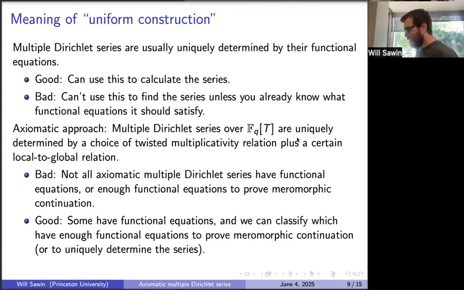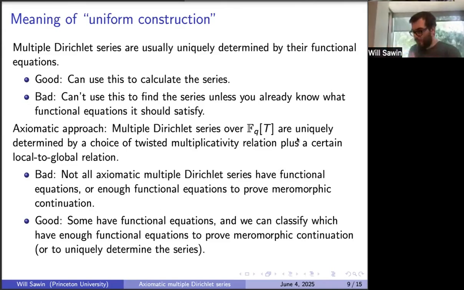However, some of them do have functional equations, and you can figure out which ones have enough functional equations to prove meromorphic continuation. And this becomes a much more tractable problem. Instead of just trying to construct a series out of nothing that satisfies a bunch of functional equations and you don't know which ones they should be, we've defined this whole sea of series, most of which do not have the functional equations we want, but we just have to find the islands in this sea that satisfy the functional equations that we need.